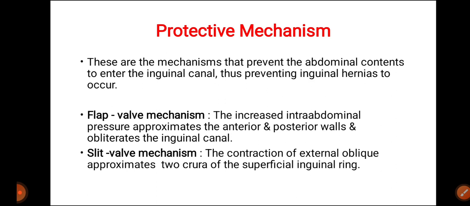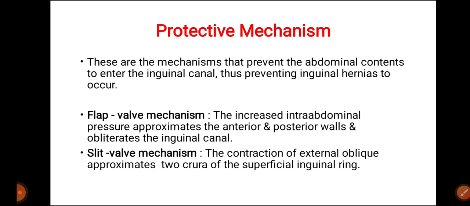These are the flap valve mechanism, slit valve mechanism, ball valve mechanism, and shutter mechanism. First one is the flap valve mechanism. On increasing the intra-abdominal pressure, approximation of the anterior and posterior walls will obliterate the inguinal canal.